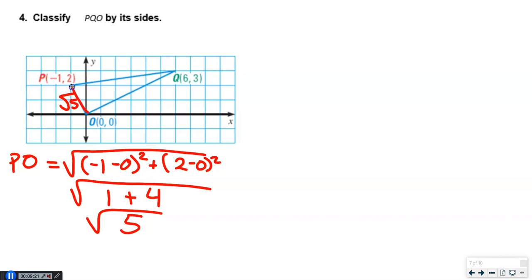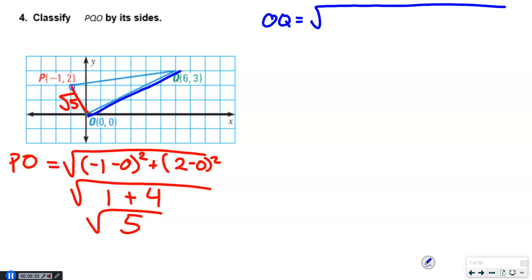And then if I look at OQ, make this one blue, OQ. Need to find the length of that. I'm going to use Q as my x1, y1.